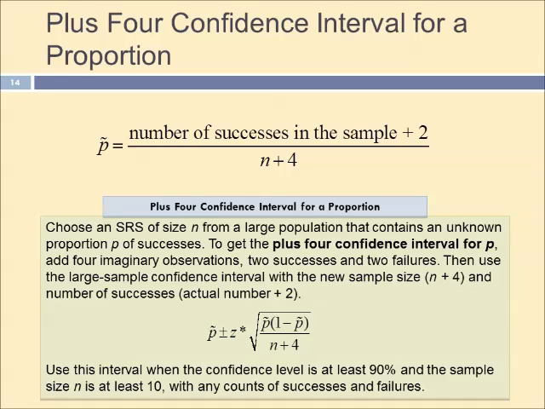So we're just replacing the p hat in this case with p twiddle. And we can use this interval when the confidence level is at least 90% and the sample size n is at least 10, with any counts of successes or failures. That's one advantage. We don't need as large a sample, and we can use it with fewer successes or failures.